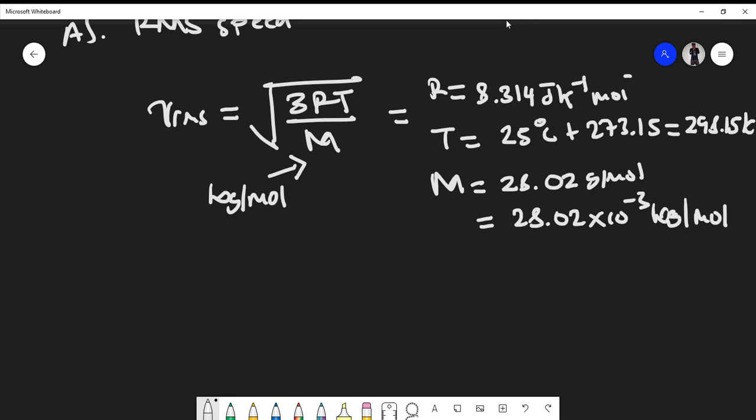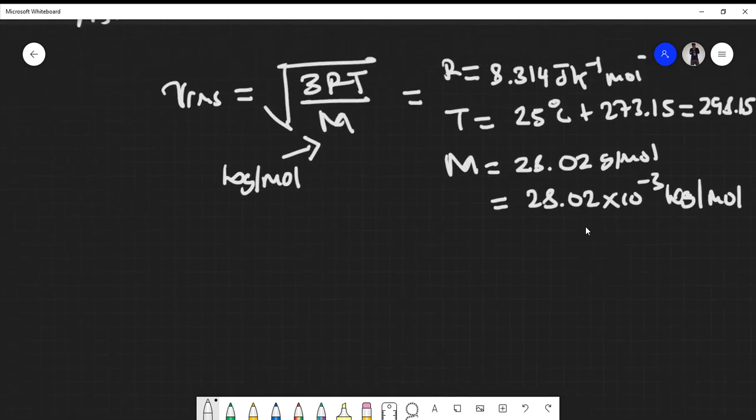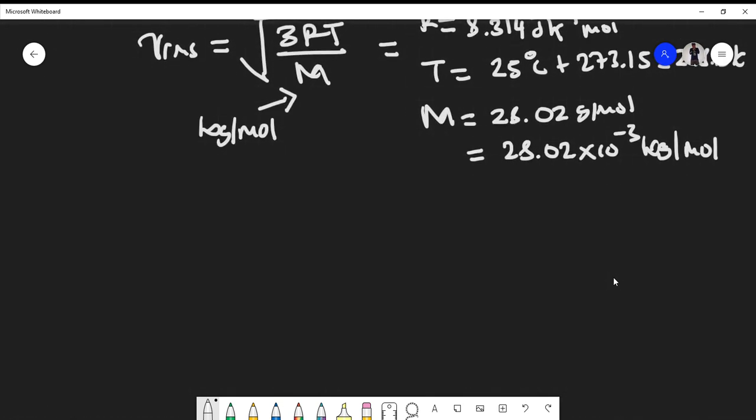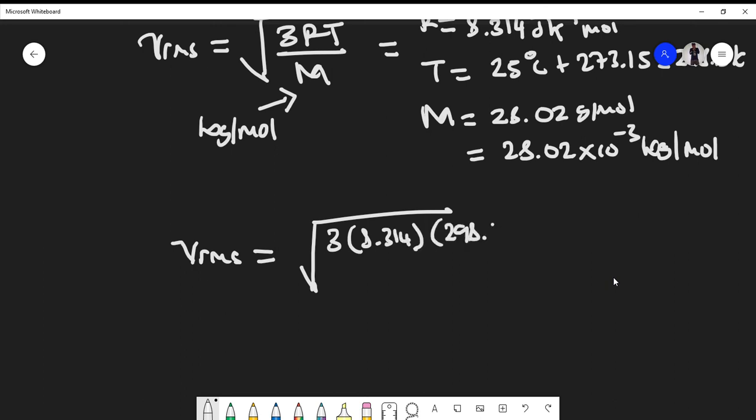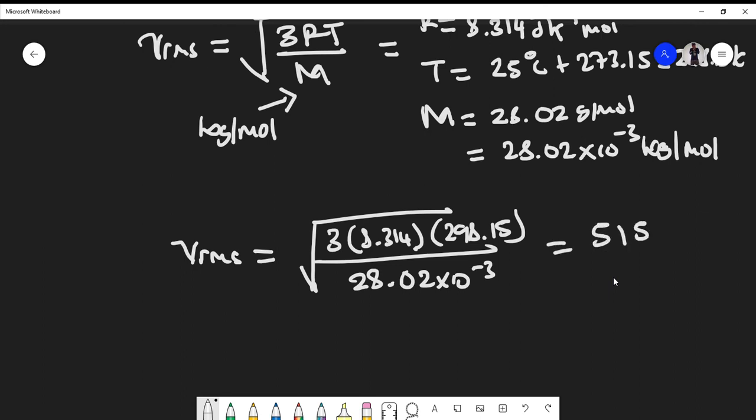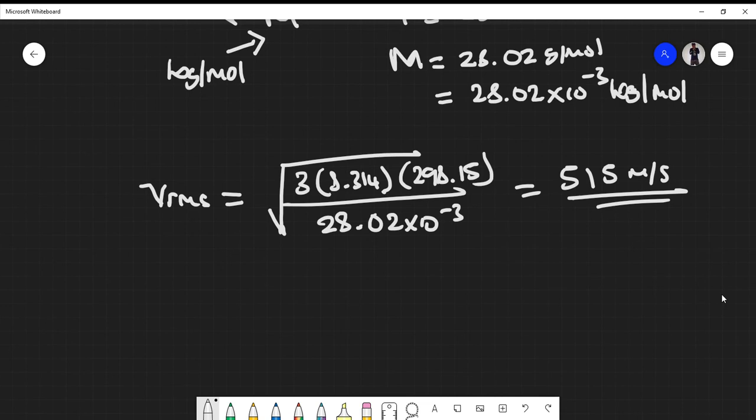So if we substitute the numbers into the equation, for Vrms, this is equivalent to the square root of 3 times 8.314 times 298.15 divided by the molar mass, 28.02 times 10 to the negative 3, and that is about 515 meters per second.